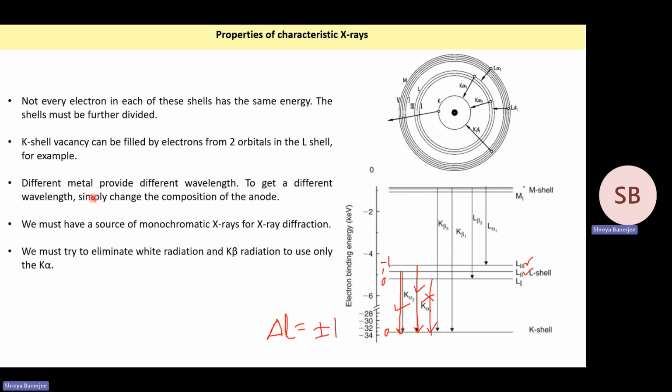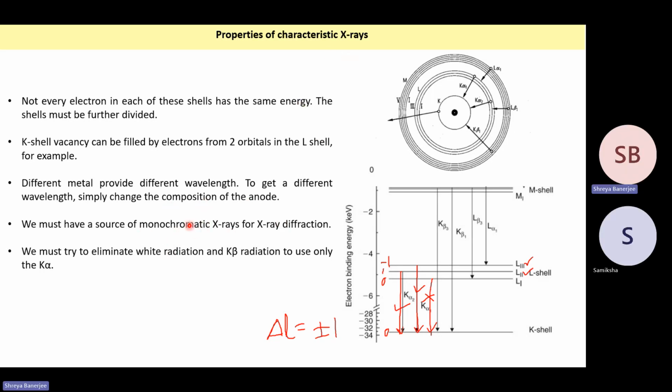So depending on what wavelength X-ray we want, we need to change the composition of the anode, that is, what metal makes up the anode. And we must have a source of monochromatic X-rays for X-ray diffraction.